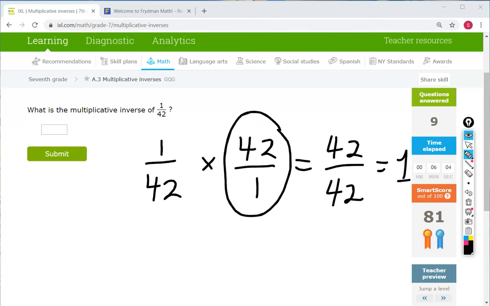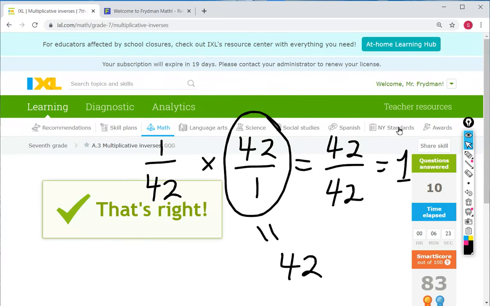So our multiplicative inverse is 42 over 1, but 42 over 1 is the same thing as just plain old 42. So if there's a 1 in the denominator, we don't have to write it. So we can just write 42 for this one.